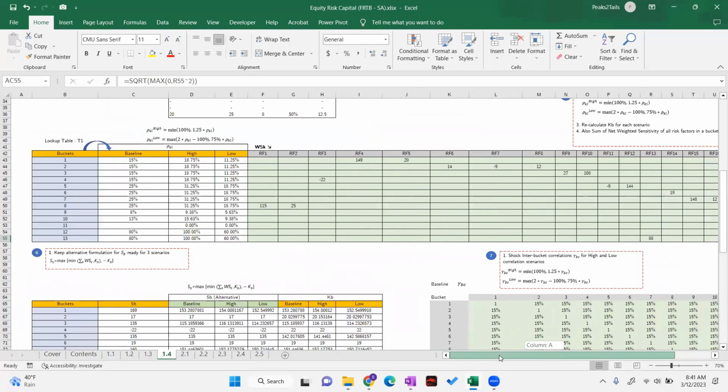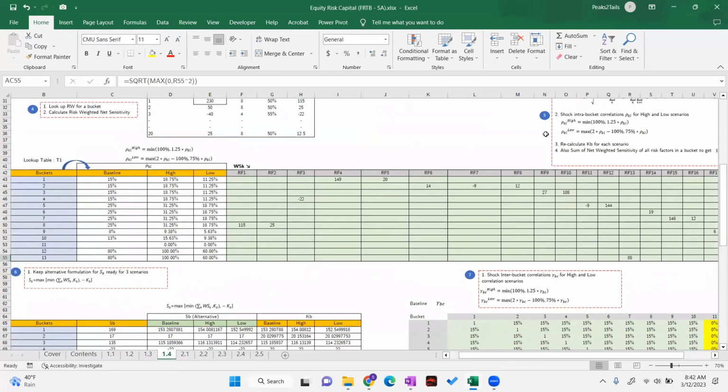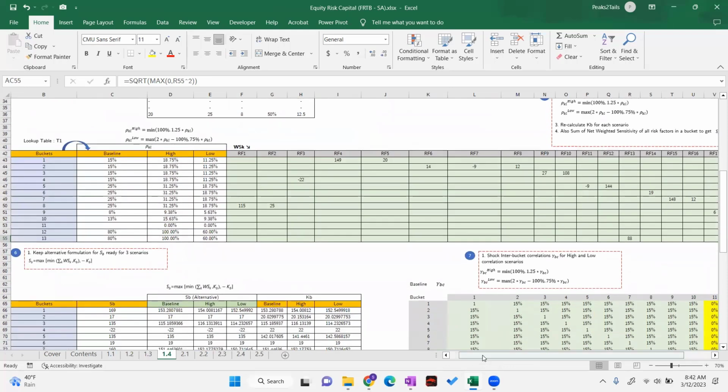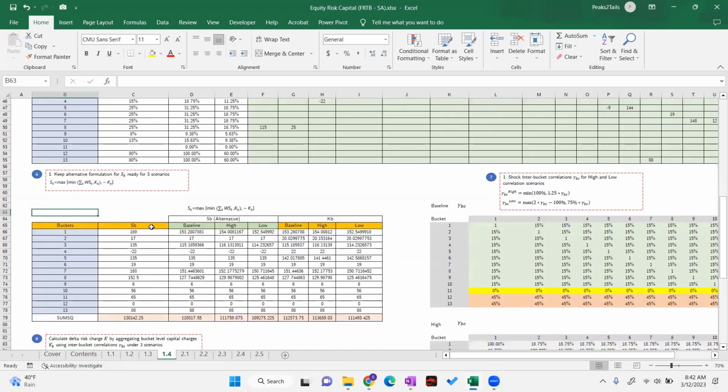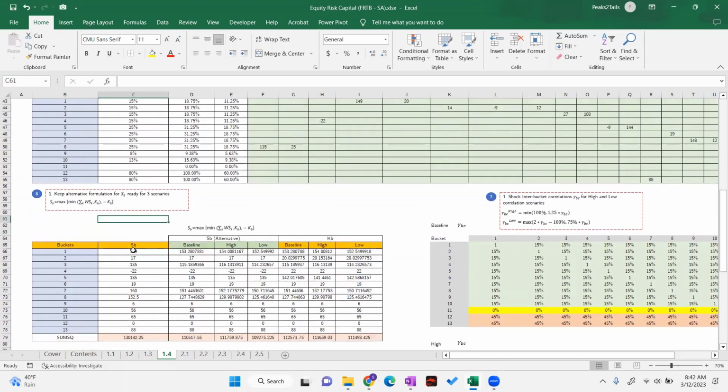All clear. Okay, awesome. So step number 5 is complete. Now it comes down to aggregating across buckets, the capital charge. This is something we skipped last time. In the toy example, it was not very apparent.